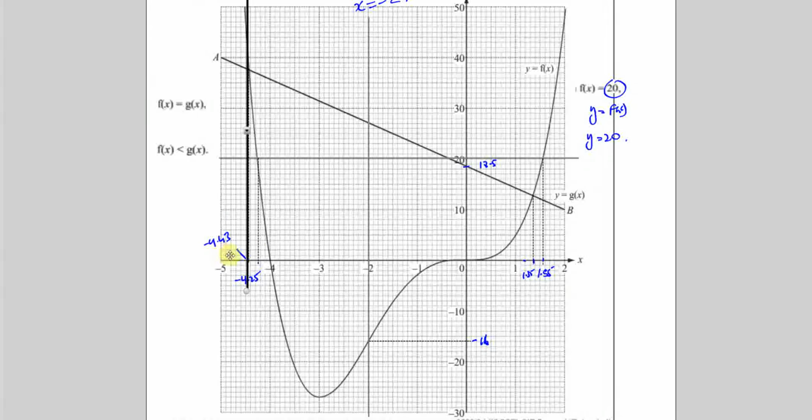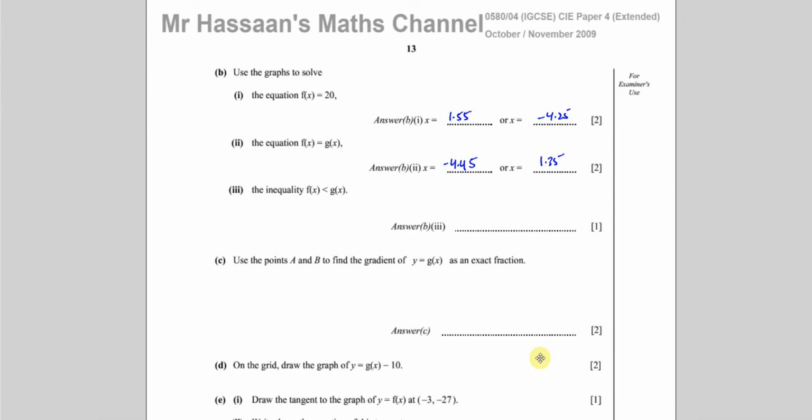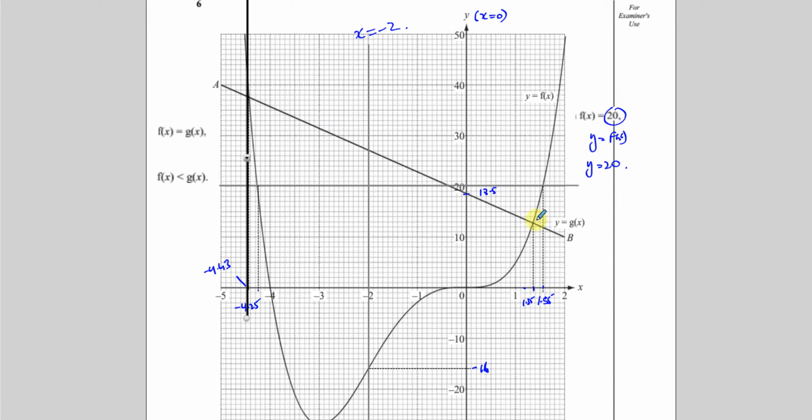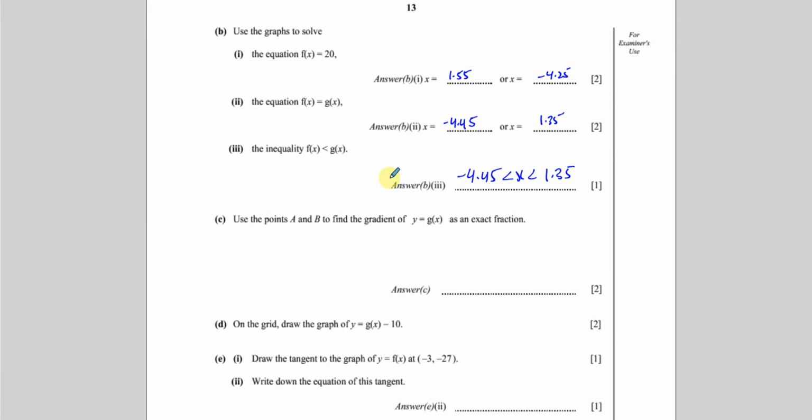It's true when x is more than minus 4.5 and less than 1.35. So when x is between minus 4.45 and 1.35, that's where this inequality is true, where f of x is below g of x. That's the answer to part B.